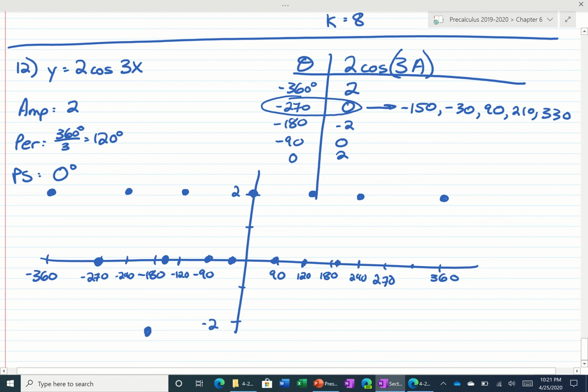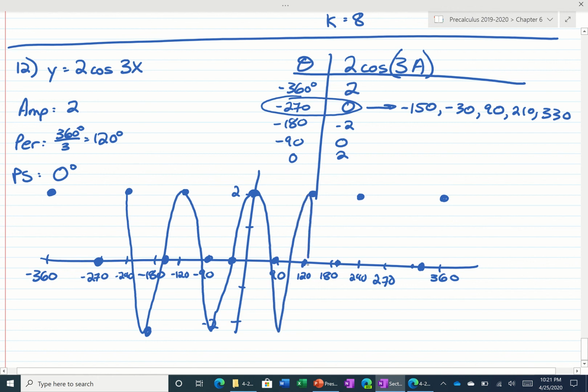At 330, let me see here, it's going to be 0. So really, the graph's looking like this. Something like that.